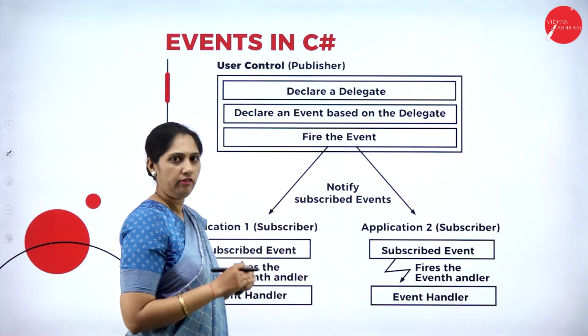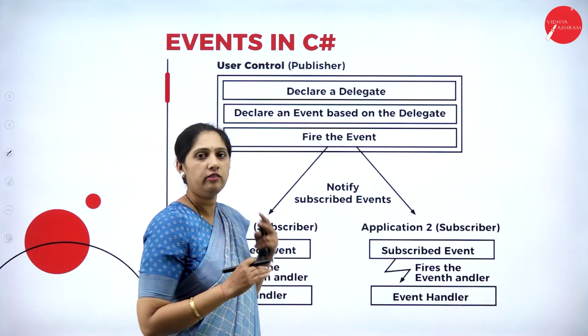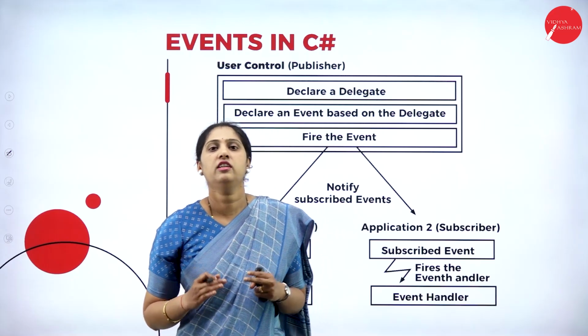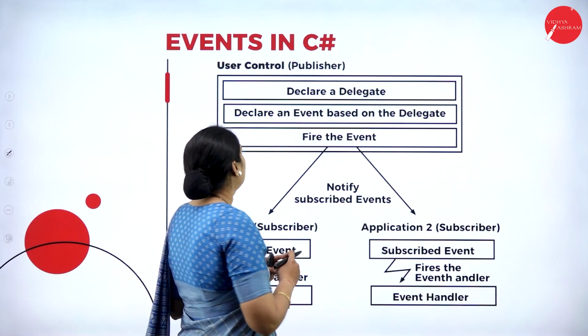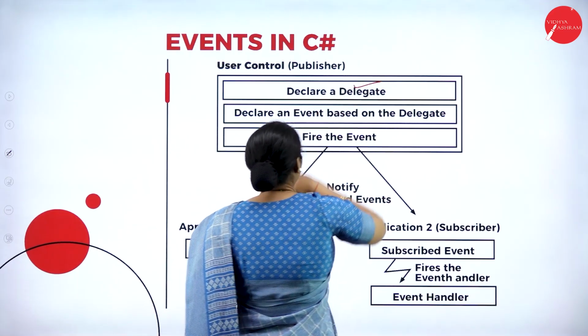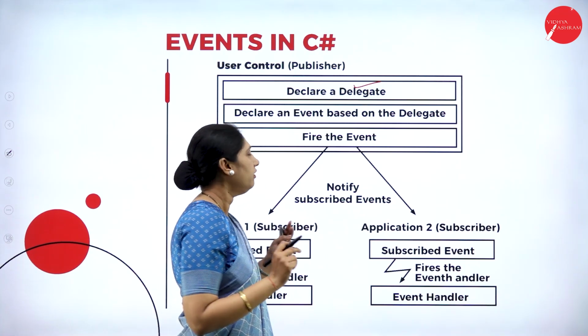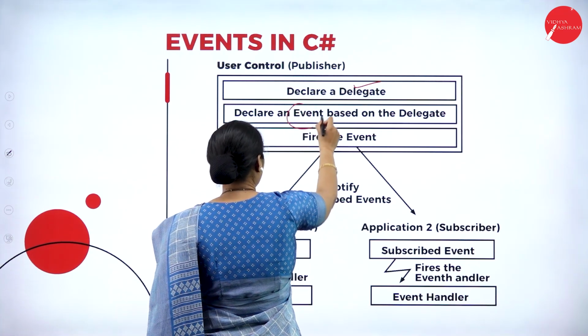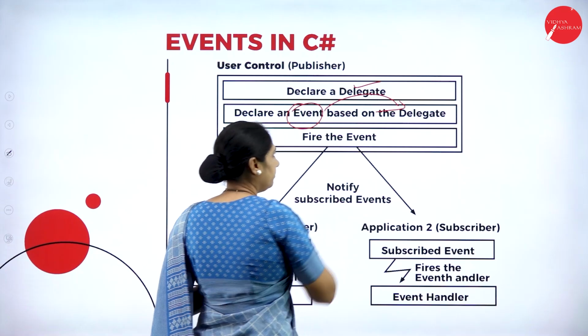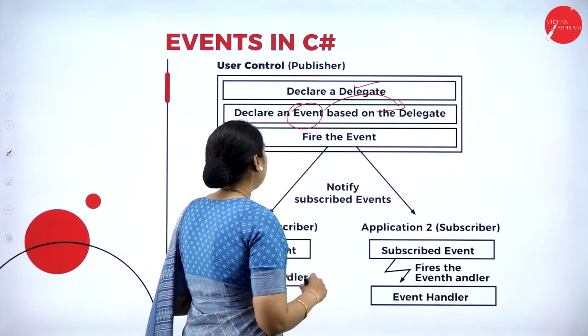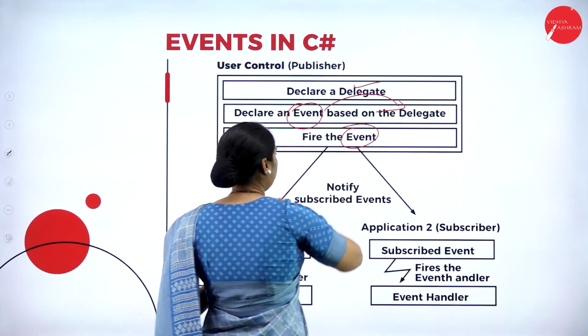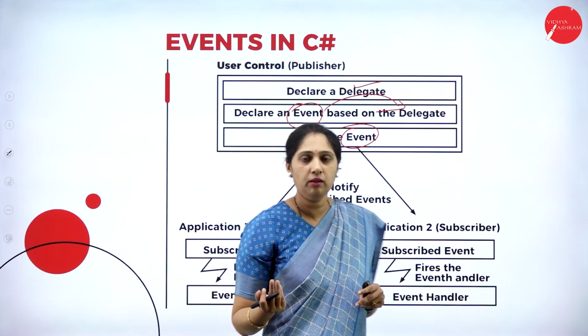This diagram will give you an example. Even though it is an event, we should start with a delegate because an event is linked with a delegate. So first we declare a delegate. Then we declare an event based on the delegate. Then fire the event, such as a click or key press.